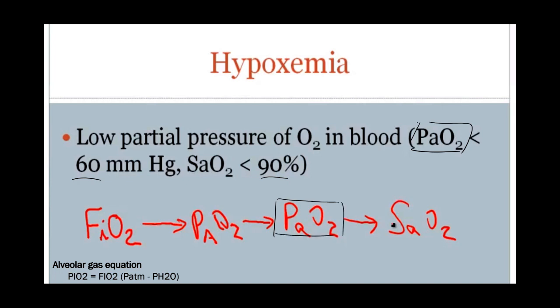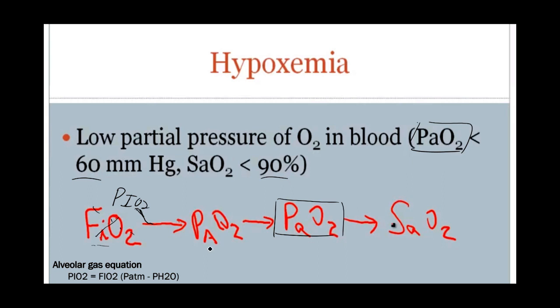So the first thing to keep in mind is, what percent oxygen are we breathing? So the fraction of inspired oxygen is part of an equation. So this should actually be PiO2. PiO2 is kind of more of a determinant.